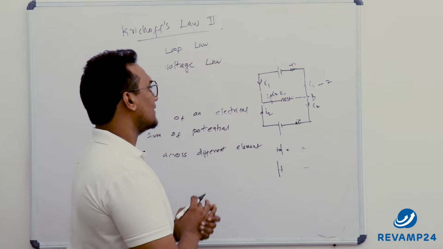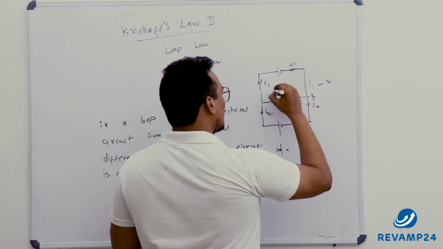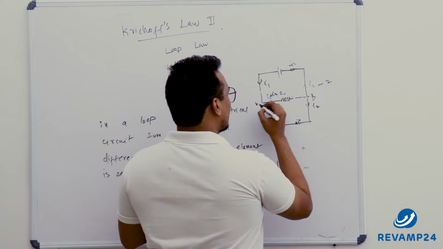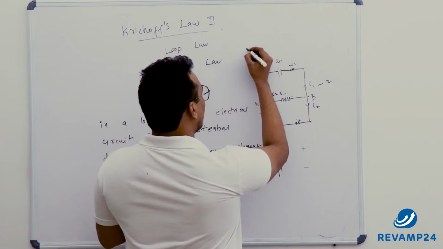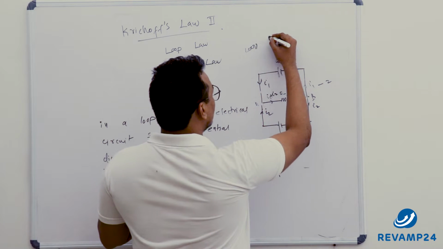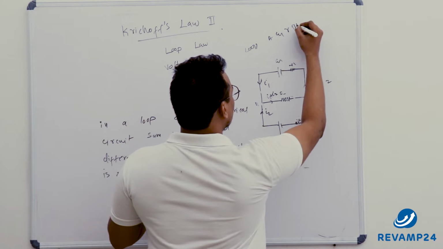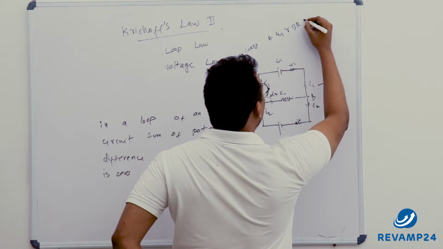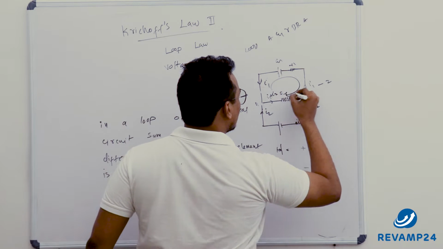Another standard is that whenever we take a loop, we mark the direction of the loop. Let's say our loop is A, this is EMF E1, then R, B, then the resistance, then back to A. This is the direction.